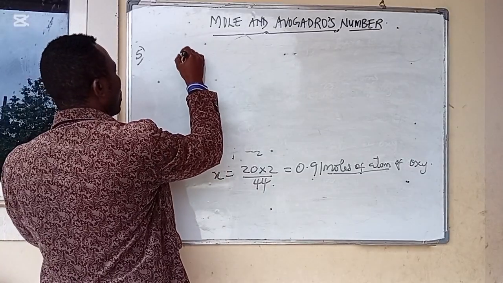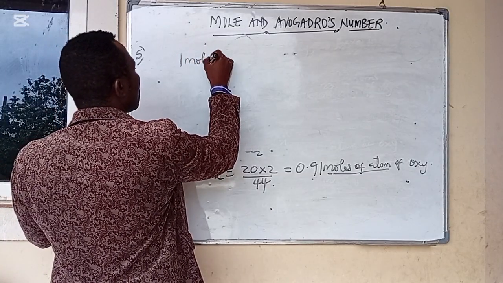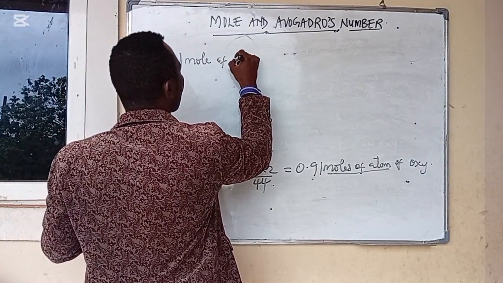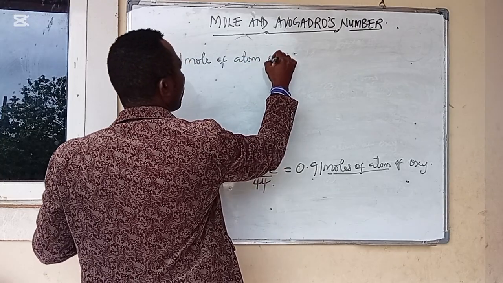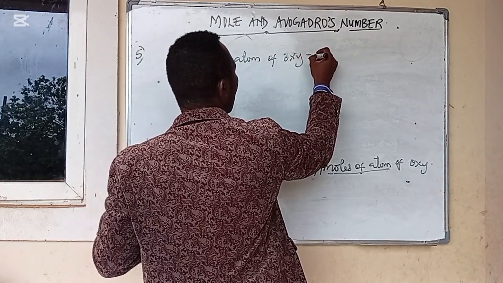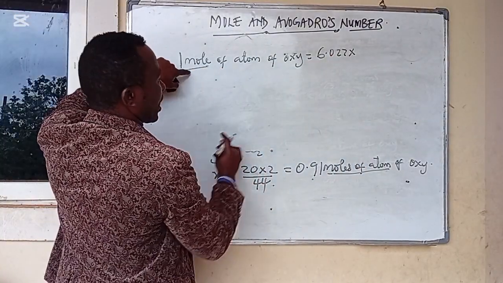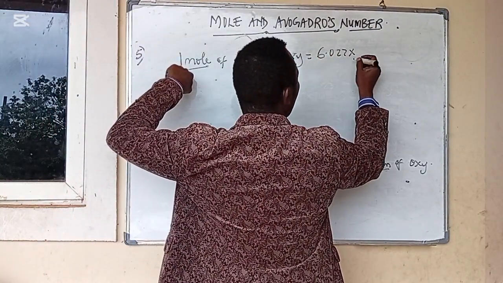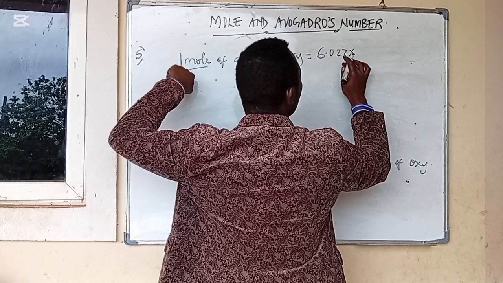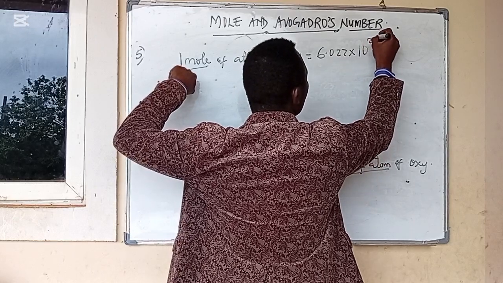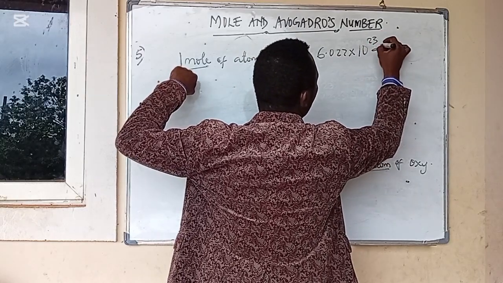Know that 1 mole of atom of oxygen will always contain the Avogadro's number of atoms, because 1 mole of any substance will contain 6.022 times 10 raised to power 23 atoms.